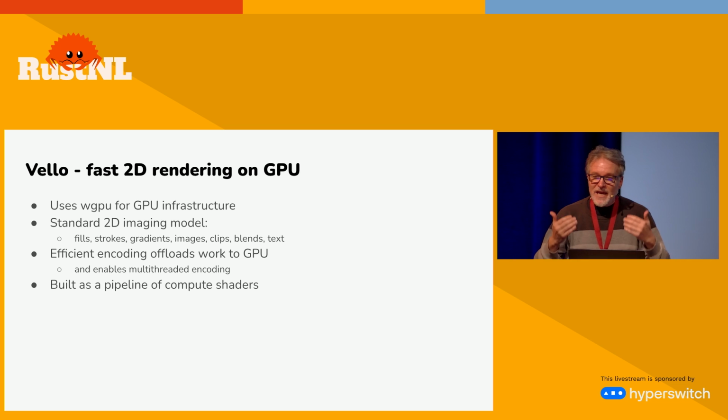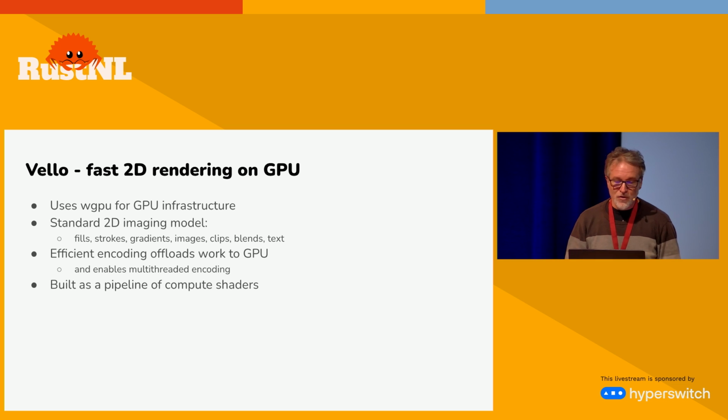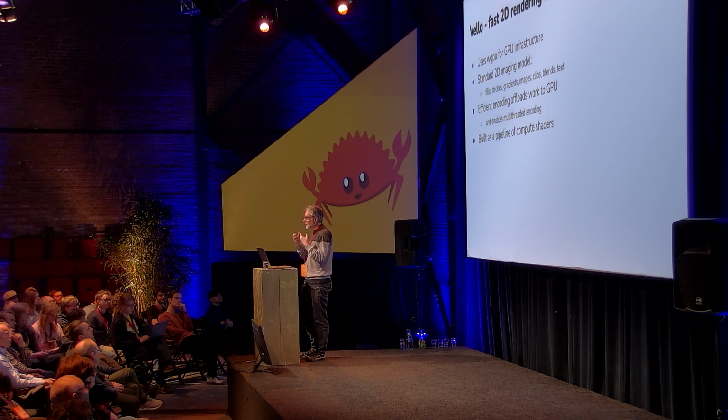The core of Xilem, drawing, is really essential to any GUI toolkit, and that's also where you tend to spend most of the CPU time. Most of the performance is just how fast you can get this thing drawn onto the screen. So that's a lot of what I've been doing over the past few years: building a fast 2D rendering engine that does as much of the work as possible on the GPU.